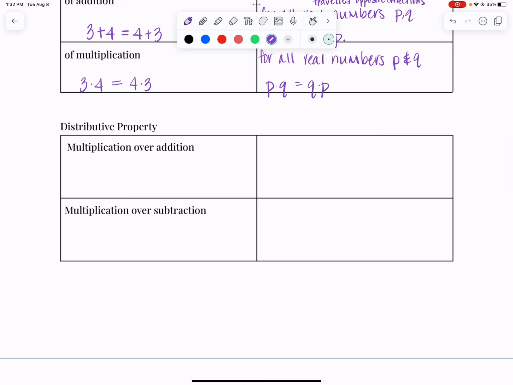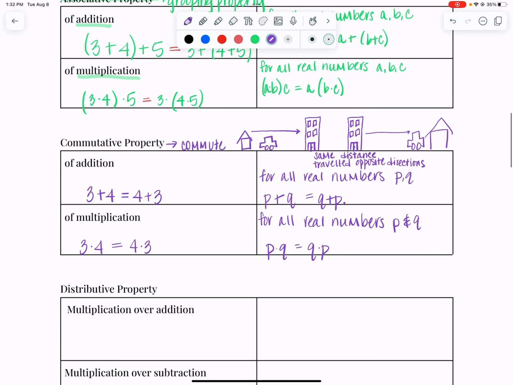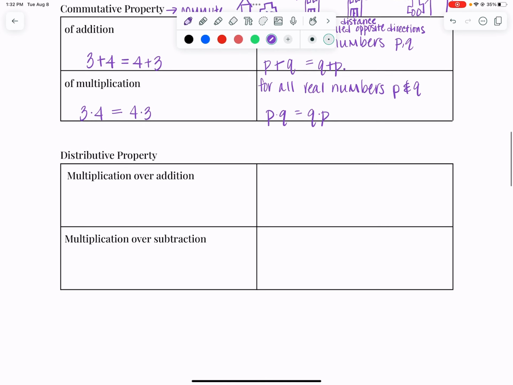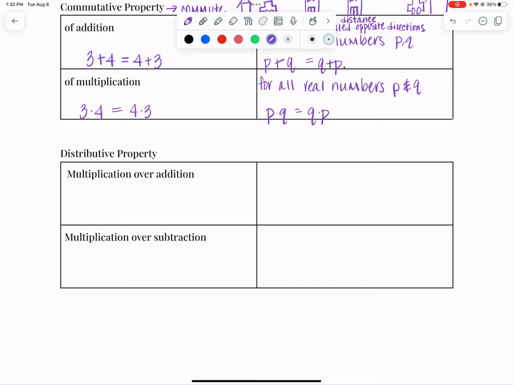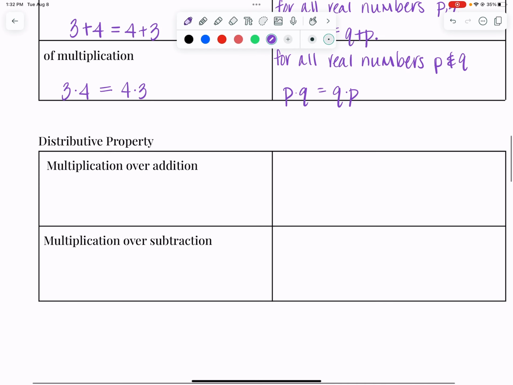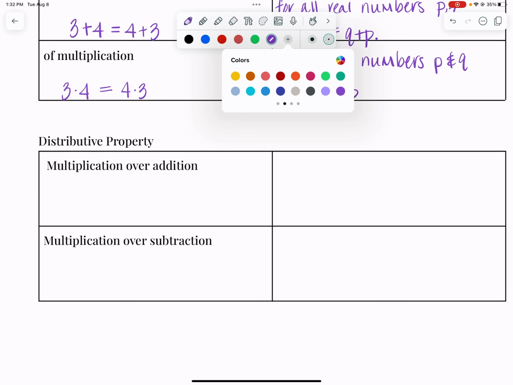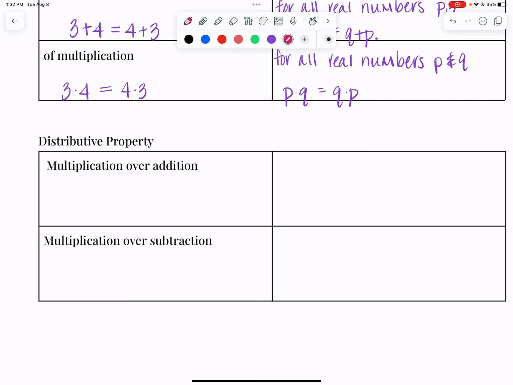Now, the distributive property is the one that you are probably the most familiar with from your algebra classes. The associative and the commutative property happen all the time. We just really don't think about it when we do it. The distributive property is more of a conscious effort. So I'm going to switch colors and we'll talk about the distributive property.